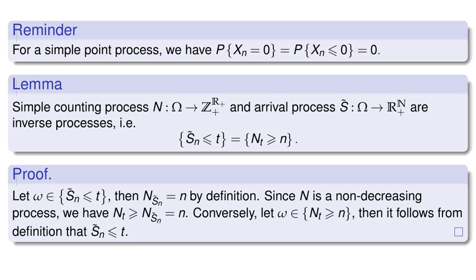Since N is a non-decreasing process, it follows that N t must be greater than or equal to N sub S tilde n, which is n. Conversely, if omega is in the set where N t is greater than or equal to n, then by the definition of S tilde n as the infimum time to reach n counts, it directly follows that S tilde n must be less than or equal to t.